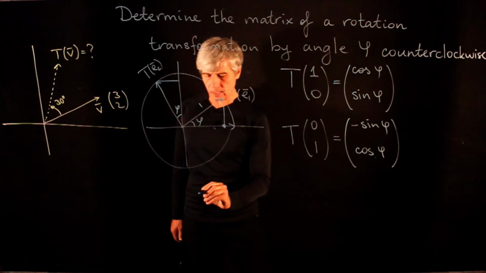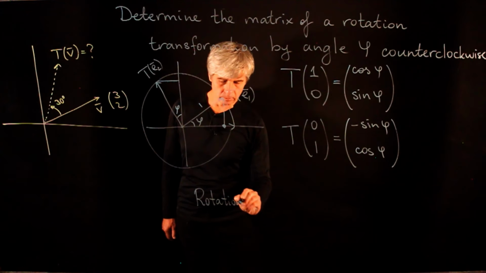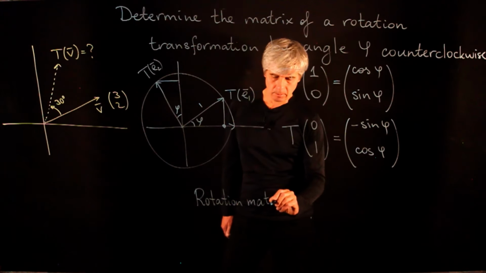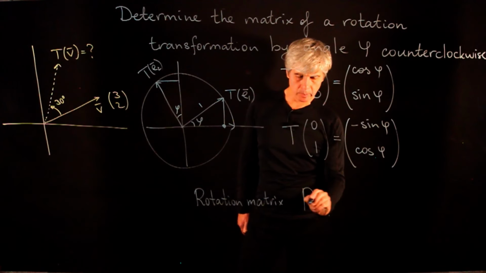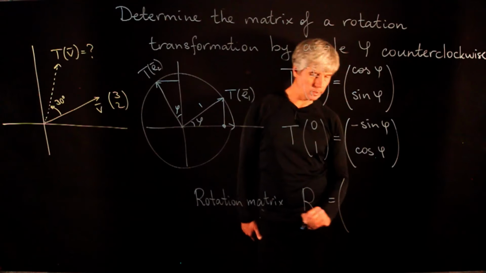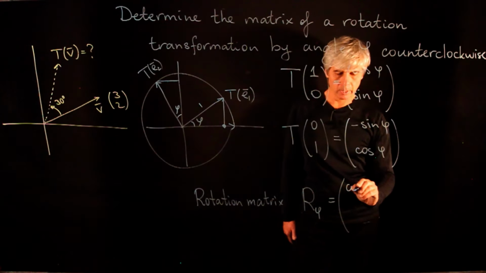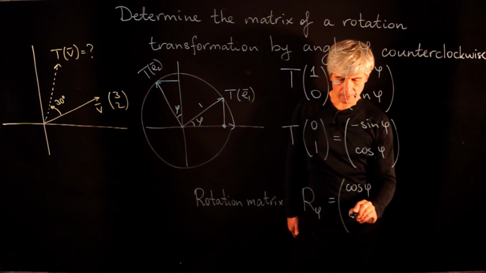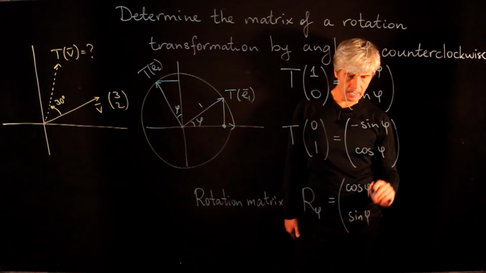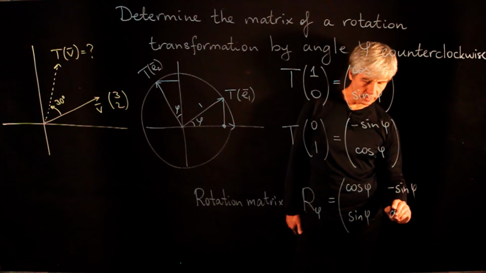And so this gives us a rotation matrix. Sometimes we're going to call it R phi, and we obtain it by placing images of basis vectors as columns. Cos phi, sine phi, and the second column is minus sine phi, cos phi.